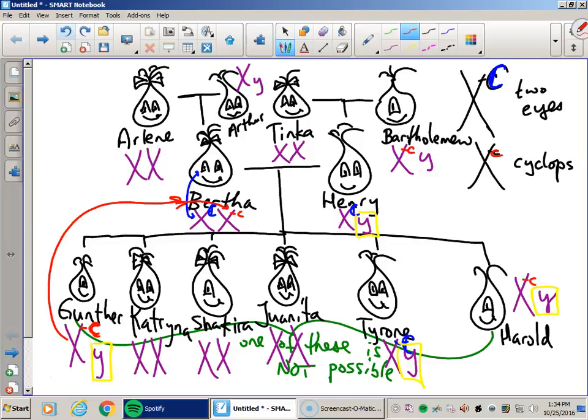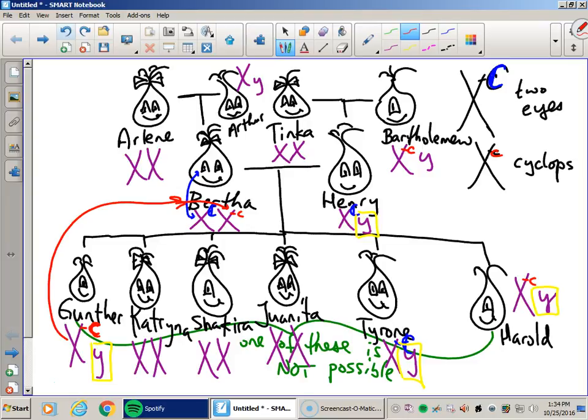Okay, so the big C allele gives her the two eyes, but the fact that she has one-eyed offspring means that she passed that on. The same as the hemophilia case that we had seen before, where the mother was the carrier. Okay? Not naming names.